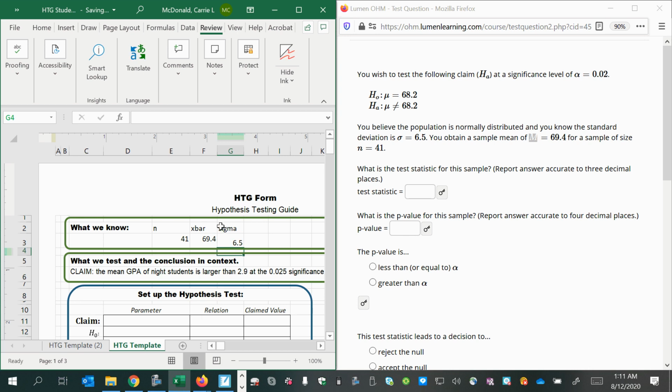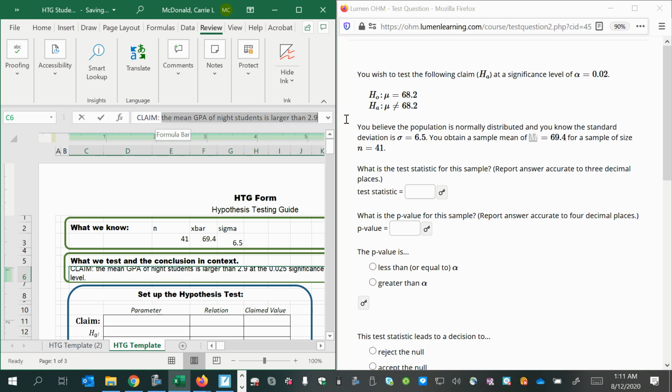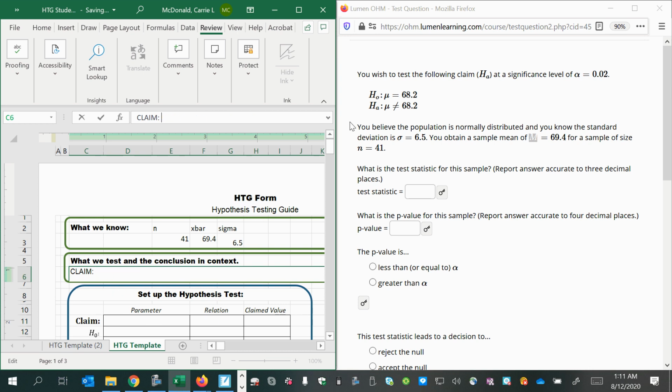Okay, so we'll use that as we conduct our test. And the claim is that the population mean is not equal to 68.2, or you could say different from 68.2.